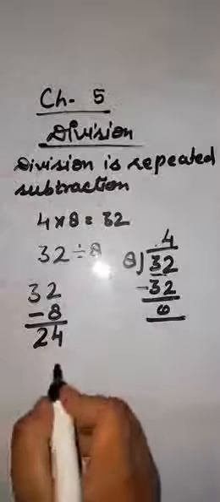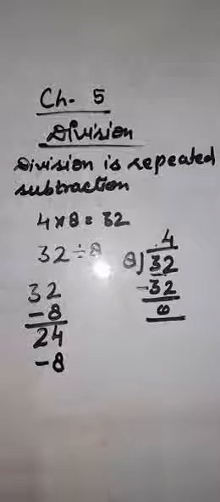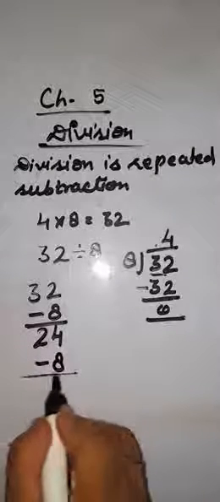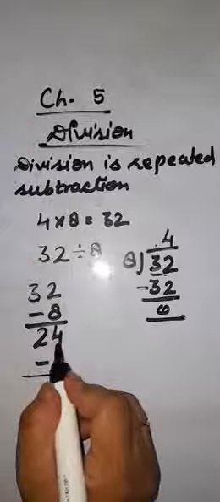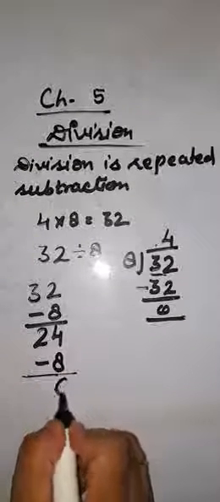Again we subtract 8 from 24. We take a borrow again, so it becomes 14. Now 14 minus 8 is 6.